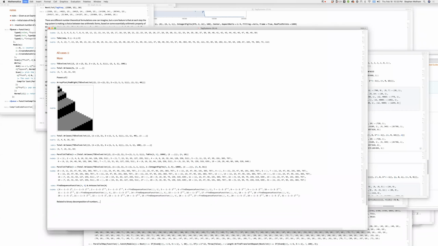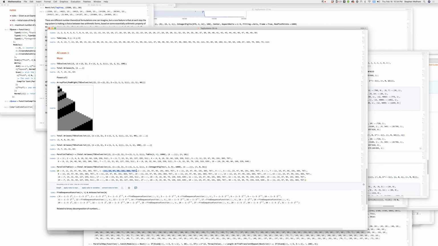Okay, so the guess would be that this is powers of 2. But if we take one of these and we look at its ratios, well, actually, we can just see what it is right there. 1 goes to 3 times 2 to the t plus 1, otherwise known as 6 times 2 to the t.